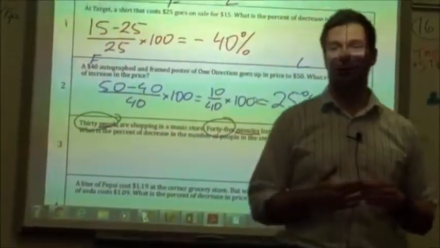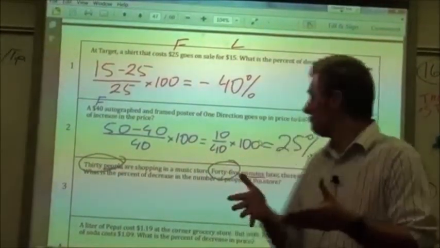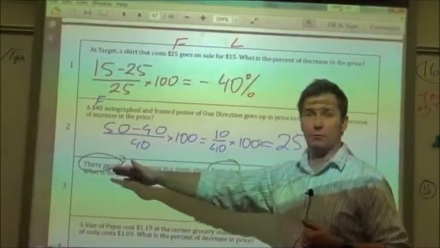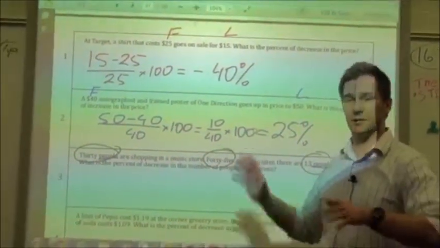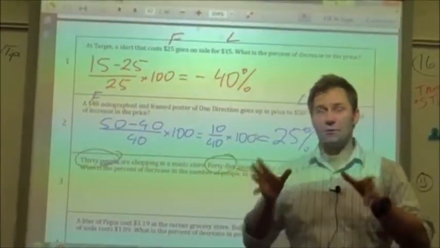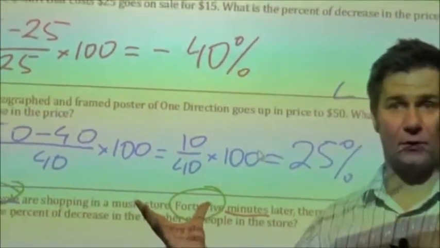We're looking for the percent decrease. That means we're looking at what changed. The number of people went from 30 to 13. 45 minutes is just a distractor. That number is there just to distract you. So you will not put that number as a first or as a last number.